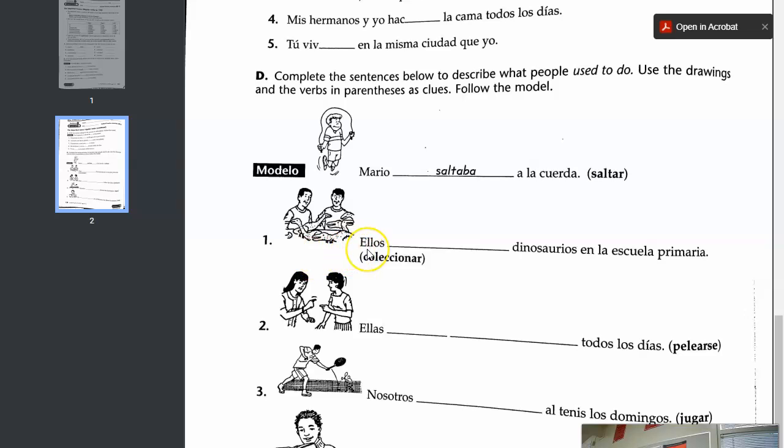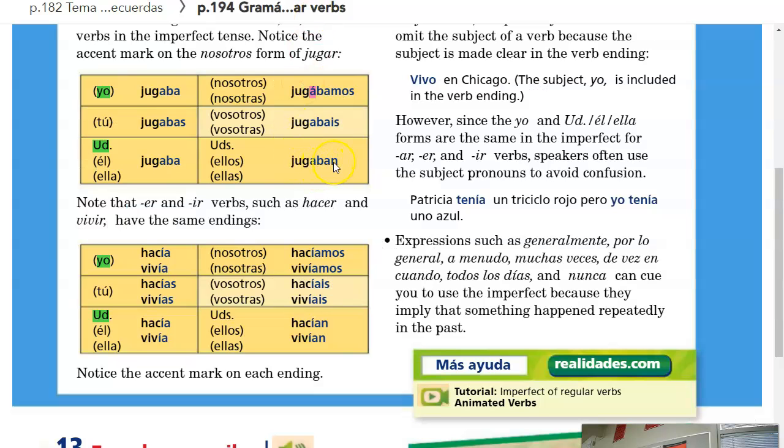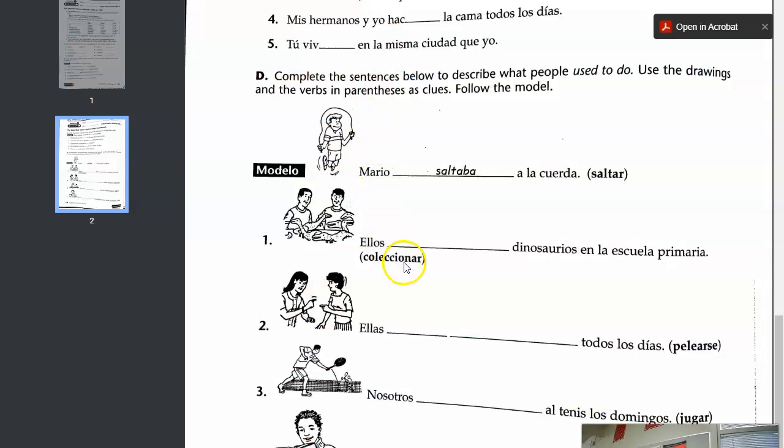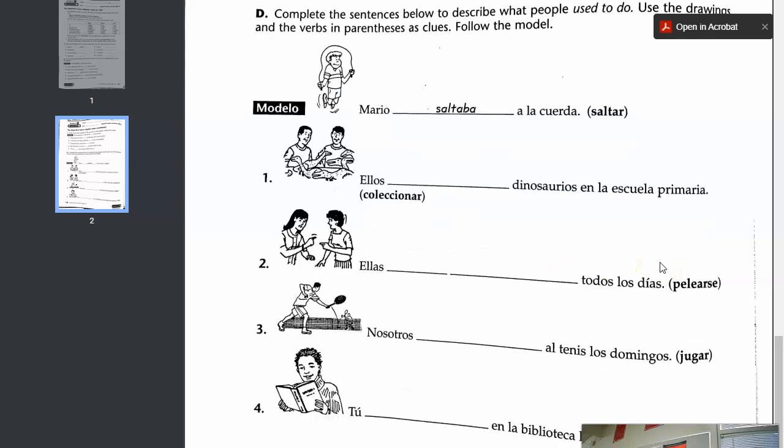Número 1, ellos coleccionaban. Ellos coleccionaban. I'm going to put aban here. Dinosaurios en la escuela primaria.